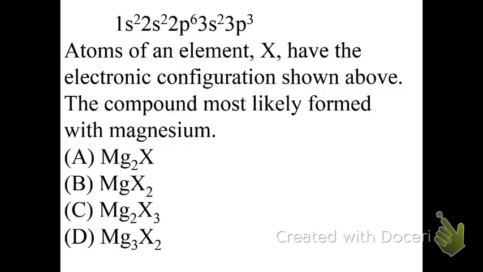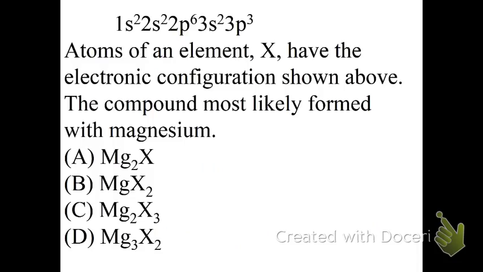Okay, so first of all, how many valence electrons does it have? It has 5. Because it has 5 valence electrons, we know that magnesium has 2, and magnesium likes to give it away, and this one likes to take in 3 electrons, right?